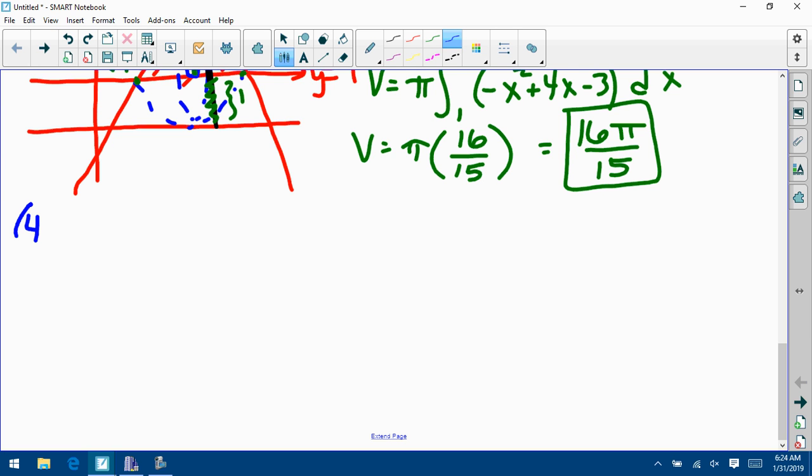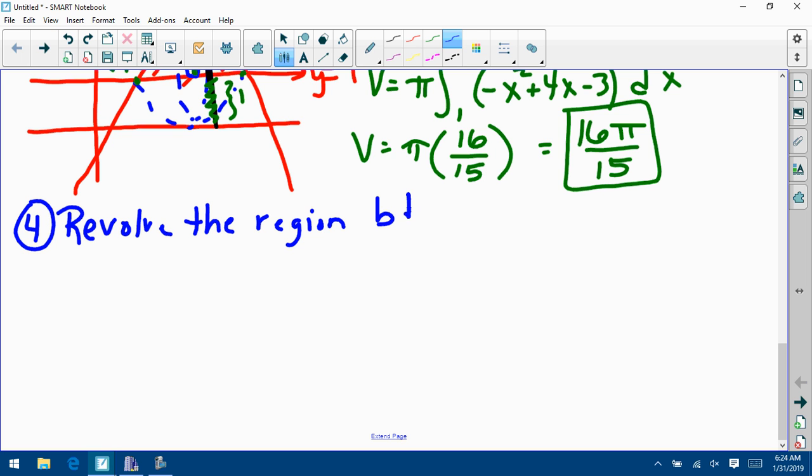Number 4. Revolve the region bounded by x equals y squared and x equals 4 about the line x equals 4.